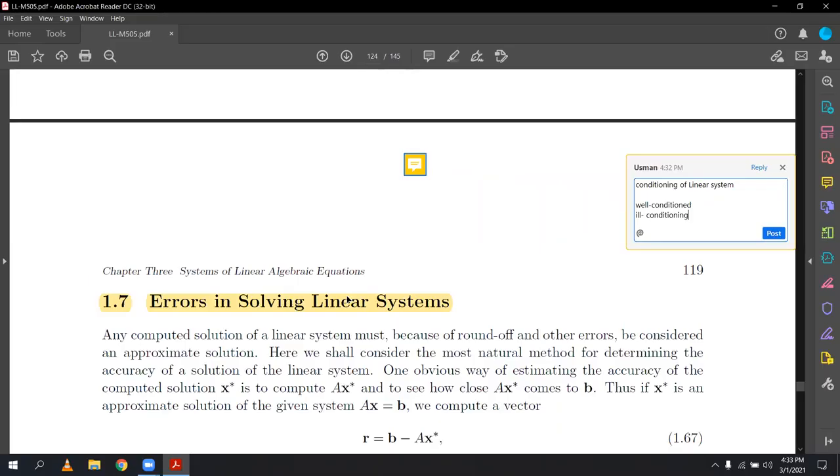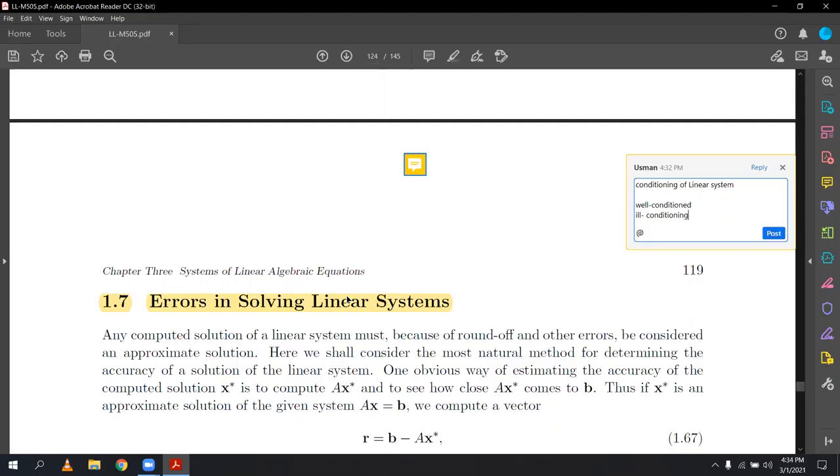Before we solve the system, we have to check the conditioning of the system. If our system is well-conditioned, alhamdulillah, we go for it and solve the system, and we will get a very good approximation, even if we use ordinary numerical methods.